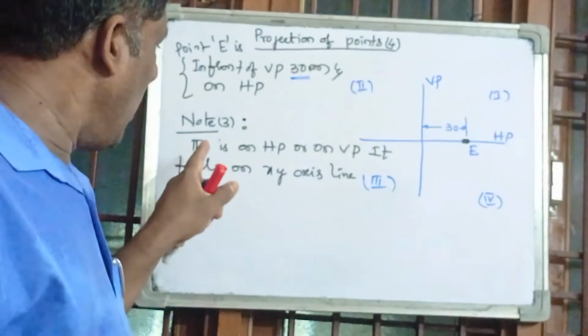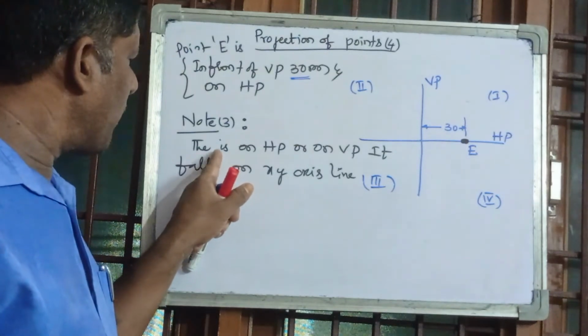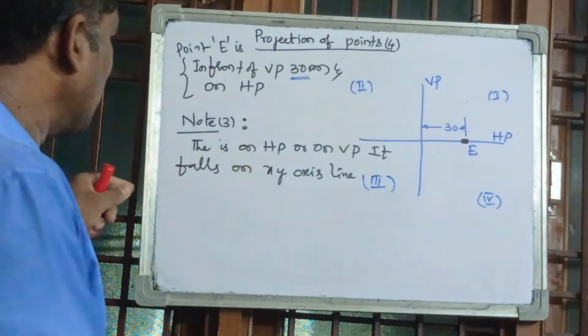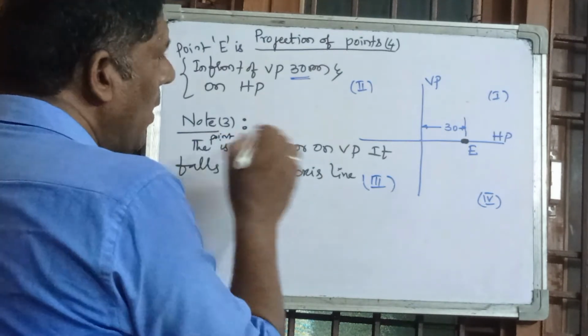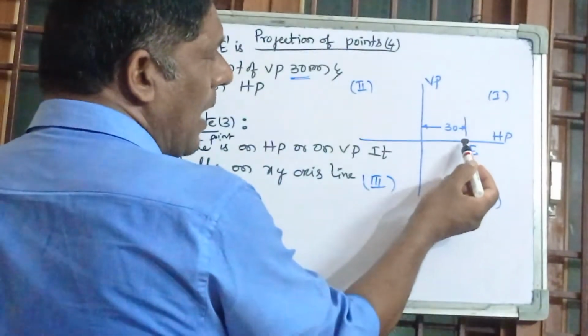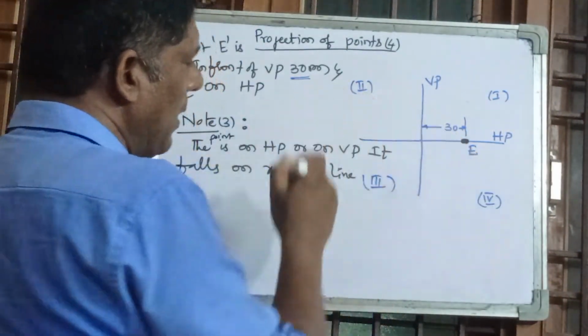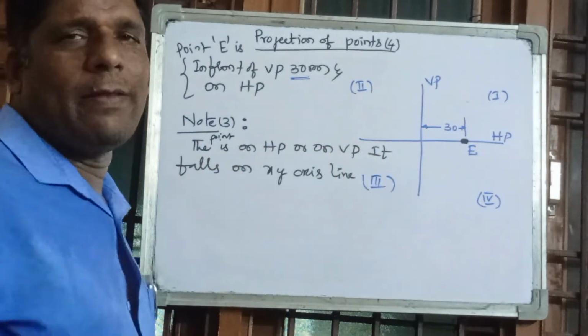So listen carefully. A point is on HP or on VP, whatever it may be; on HP or on VP, it falls on the XY axis line.